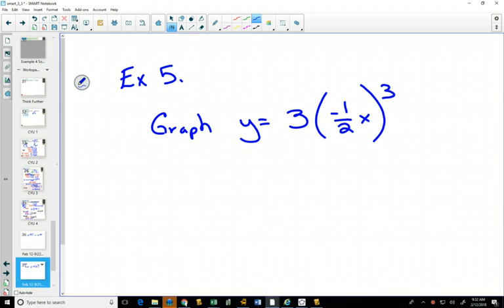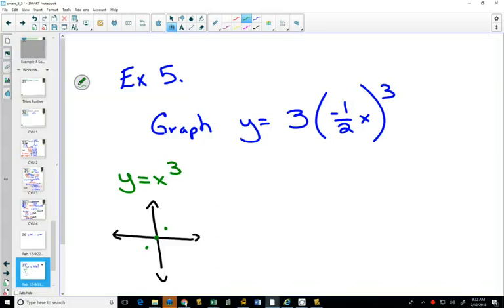What you have to be able to do is say, I recognize the parent graph that's here. The base graph that we would start with is an x cubed graph. So off to the side, I'm going to quickly say I know from the activity that we did that an x cubed graph has a point here, here, here, here, and here.